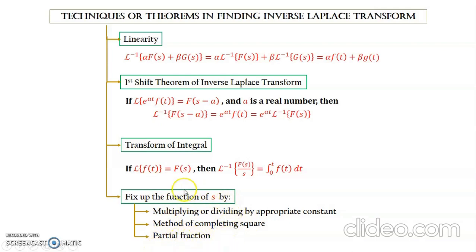Okay, so once kita dah learn on how to fix up the function of s, then only kita boleh applykan teorem-teorem yang ini bergantung kepada kesesuaian soalan. And then once kita dah applykan theorem, kita dah fix up the function, then only kita boleh refer to the Laplace transform table in order to solve the inverse Laplace transform, alright?